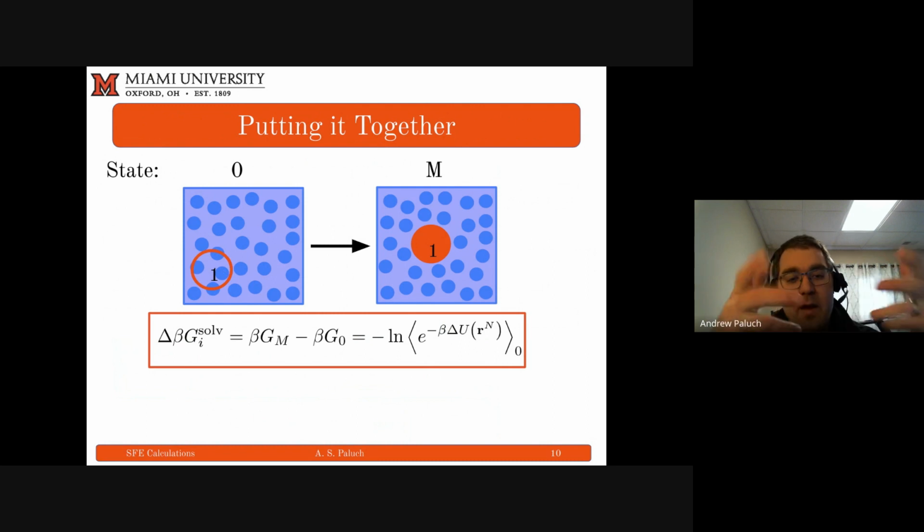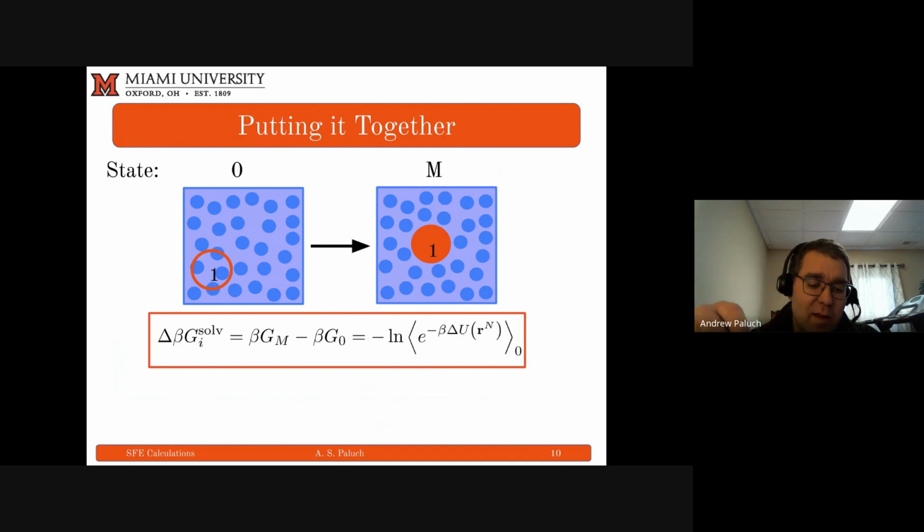Now I need to compute an ensemble average of e to the negative beta delta U. So what is delta U? Delta U is the internal energy of my target state relative to my reference state. So I set up my simulation. My solute's not interacting with my solvent, and it's running as normal.